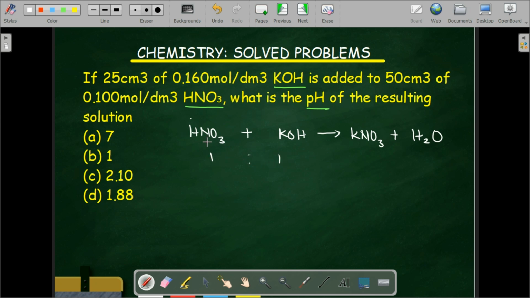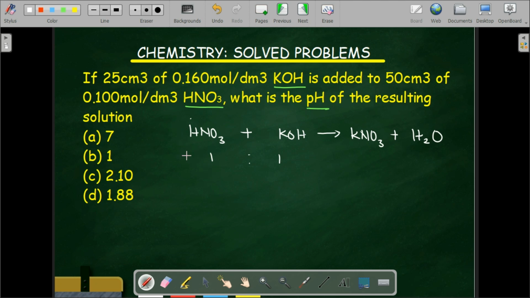Why? Stoichiometric ratio. Because 1 mole of hydrogen trioxonitrate(V) is enough to neutralize 1 mole of potassium hydroxide. So, in this ideal situation, where exactly the same number of moles of the acid is supplied to react with the base, we are going to have a neutral solution. So this process is going to be neutralization. That is, the acid has completely neutralized the base.